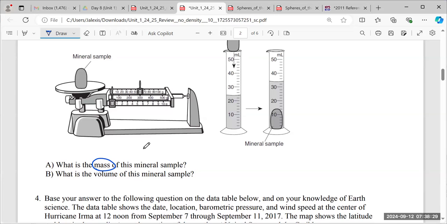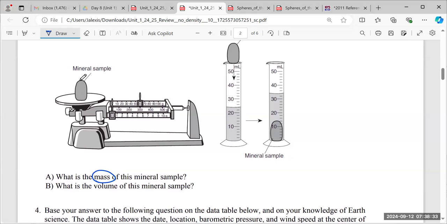Now, the mass of the mineral sample, remember, this is a triple beam balance, right? So when you place the mineral sample here, you're going to balance out these weights until this right here is balanced out or evenly leveled, right? And all you're going to do is add up all the numbers.